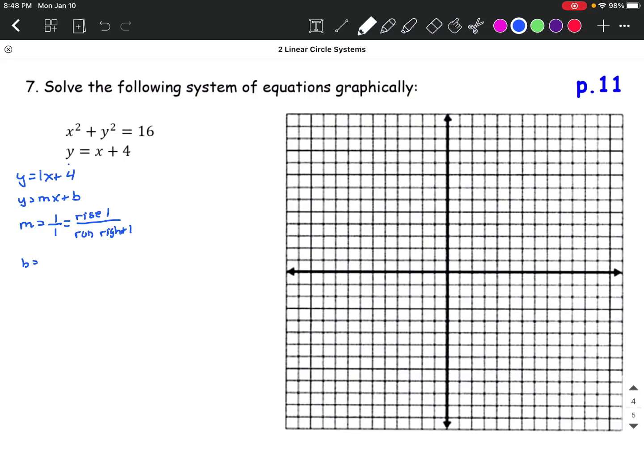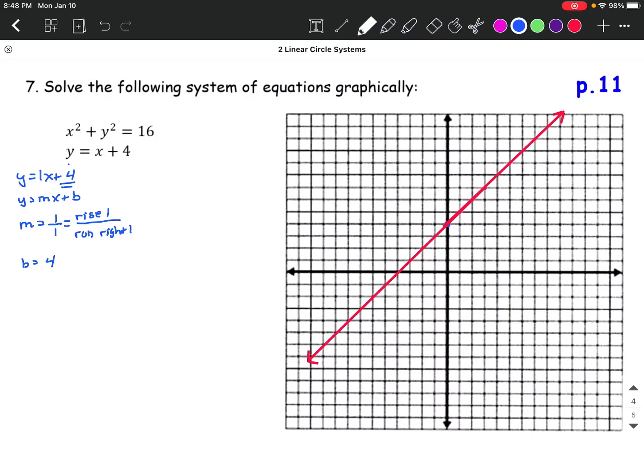And our y-intercept, that's the plus 4. So we go up 1, 2, 3, 4 on the y-axis, put a dot. Slope says up 1, right 1, up 1, right 1, up 1, right 1. However many dots you want to put till you're comfortable drawing your line with your straight edge. Nice straight line. Arrows on that line.